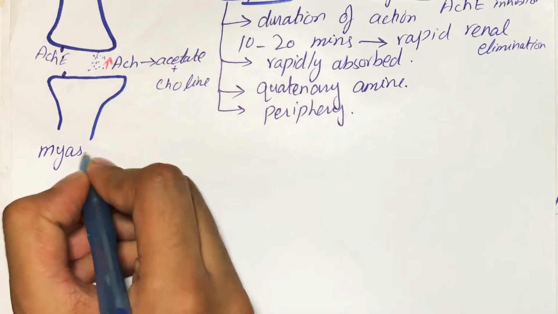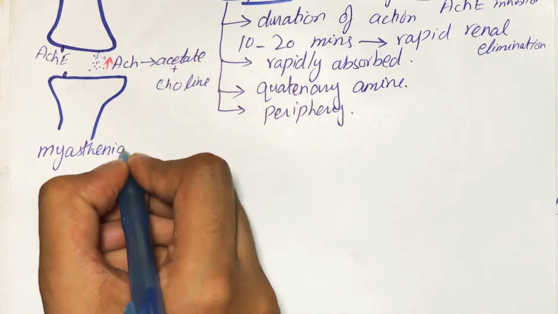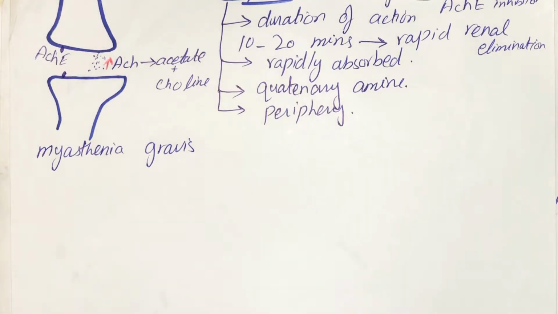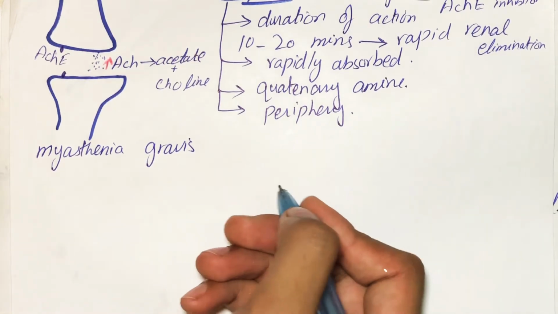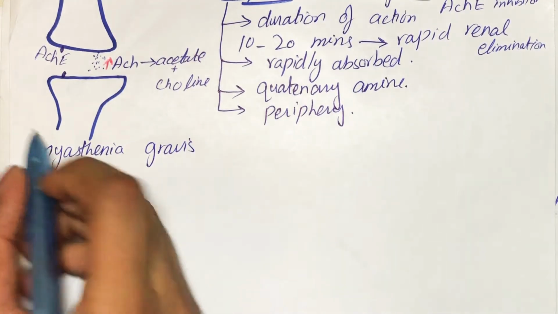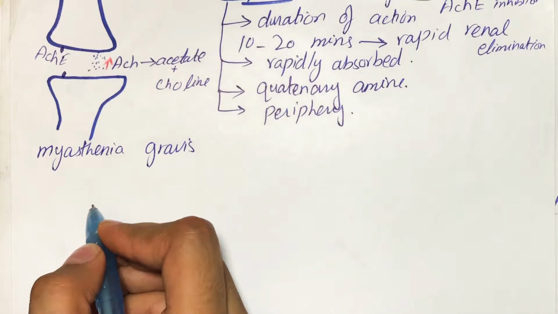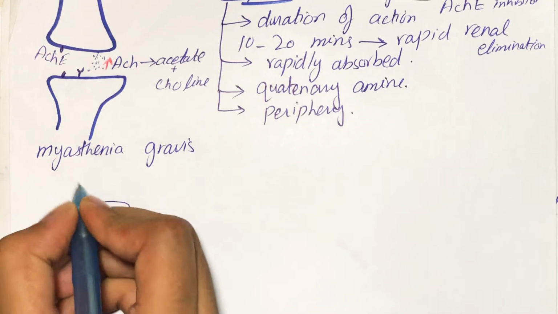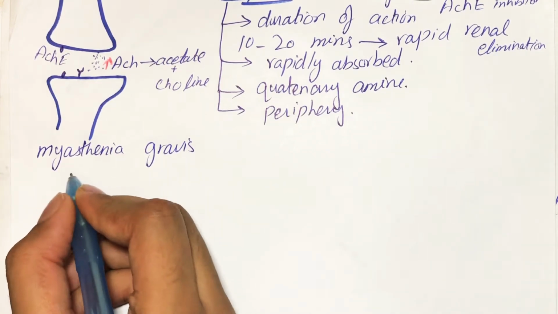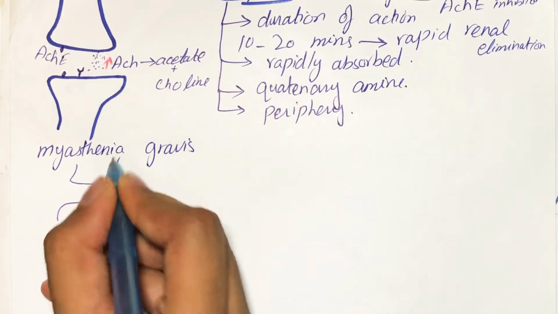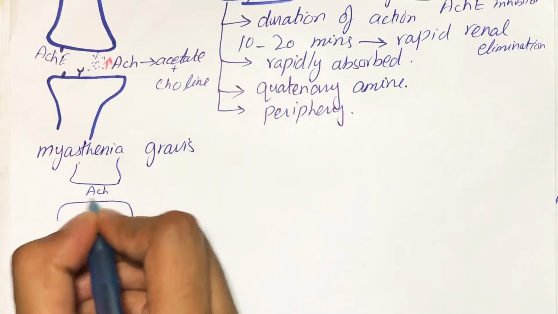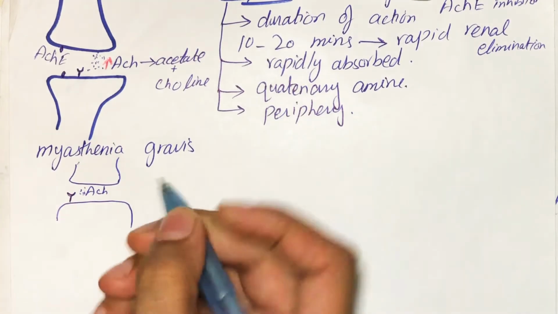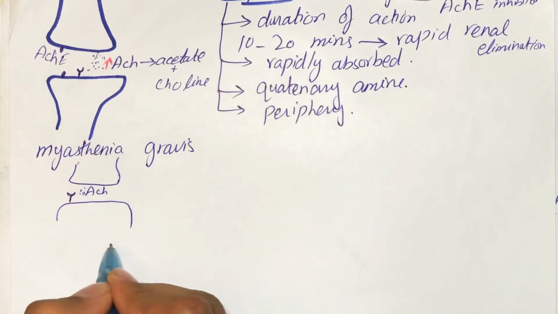Myasthenia Gravis is an autoimmune disease which causes the formation of antibodies which attach to the nicotinic receptors at the neuromuscular junction. If this is the muscle and a neuron over here releases acetylcholine, it then attaches to the nicotinic receptor present on the neuromuscular junction.